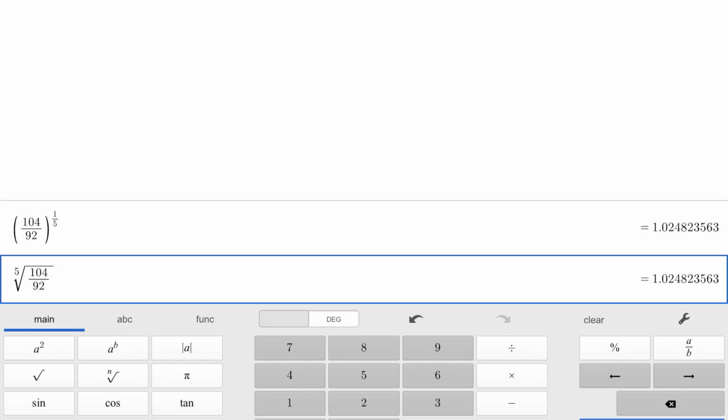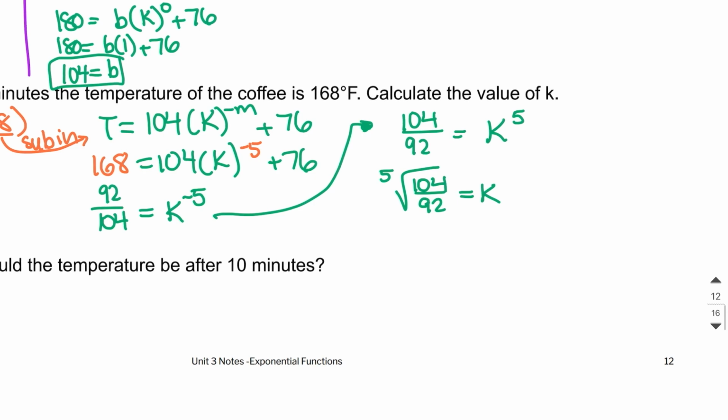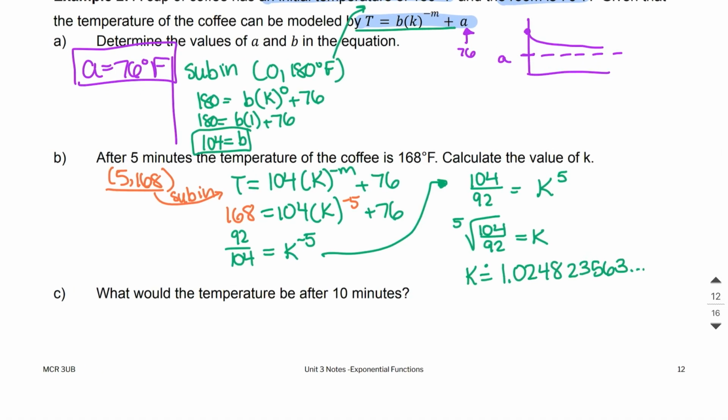And we still get the same answer right here. So here we can say K equals approximately 1.02482353. Okay. All right. So then question C says, what would the temperature be after 10 minutes?